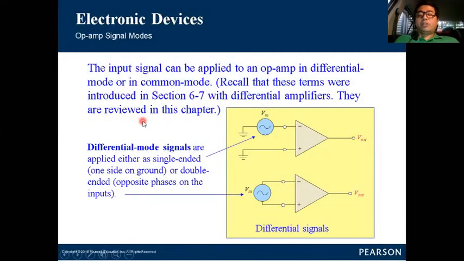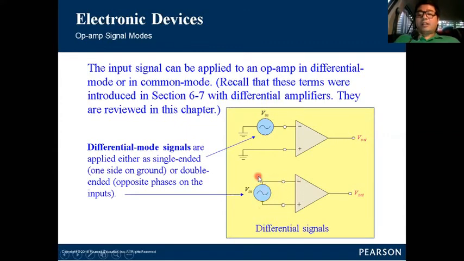The other one, which is what we call the double-ended or dual-ended, meron tayong ina-apply na magkaibang signals sa dalawang input ng ating operational amplifier. So for this example, we have one source for the signal, pero yung ating positive at yung ating negative terminals for the input signal ay in-apply natin sa inverting at sa non-inverting.